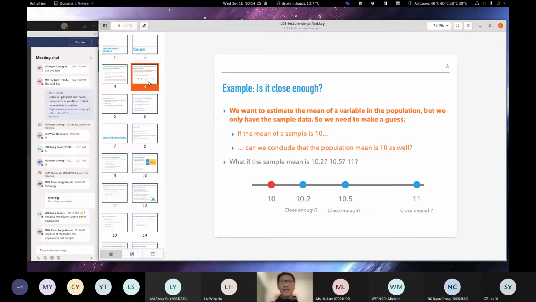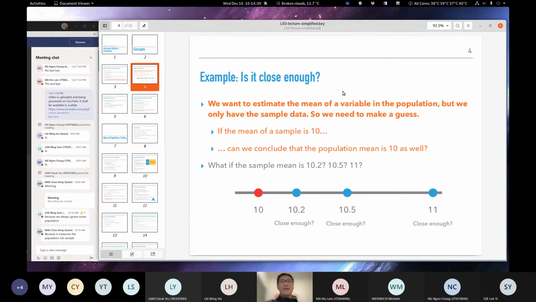Now, to understand that concept, let's look at the example here. Let's say we have a population and we want to estimate the mean of a variable in the population. So that is the population mean. But of course, again, we only have the sample data, so we need to make a guess. Now, let's say we collect the sample, and from the sample, we find that the mean of the sample is 10.